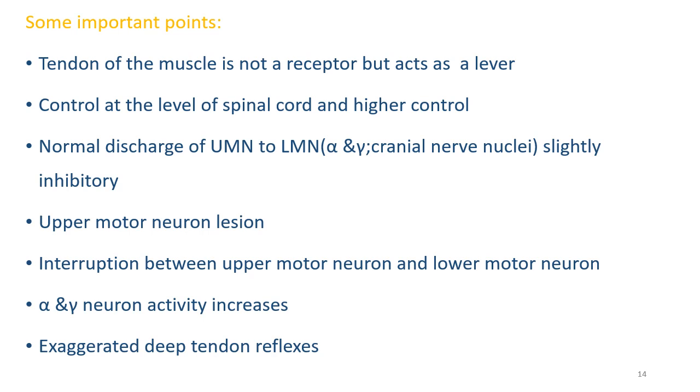When they are not being inhibited, their sensitivity increases, their activity increases, and what we get is the exaggerated deep tendon reflexes. So whenever there is any lesion of the upper motor neuron, or any interruption above the lower motor neuron, that is in the connection between the upper and the lower motor neuron, the resultant reflexes will be exaggerated deep tendon reflexes.